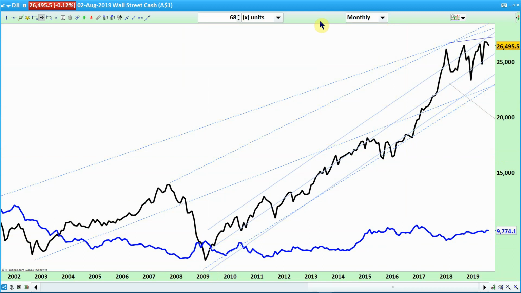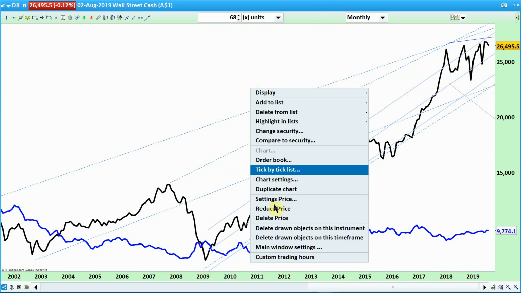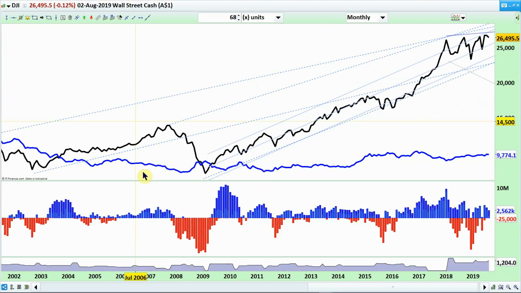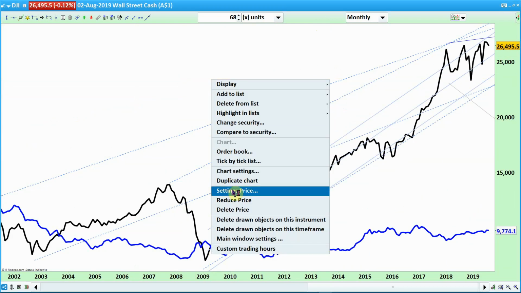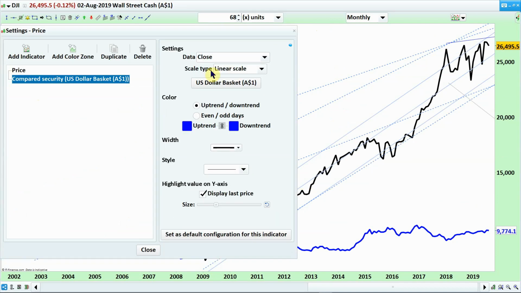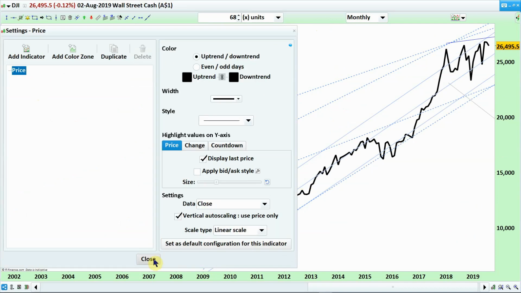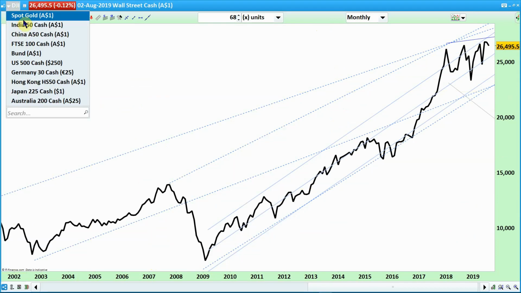I think correlation. Okay, let me try another one. Try the Aussie, so ASX. Selvan is saying let's try Aussie. So compare security, delete. We'll change these to ASX.